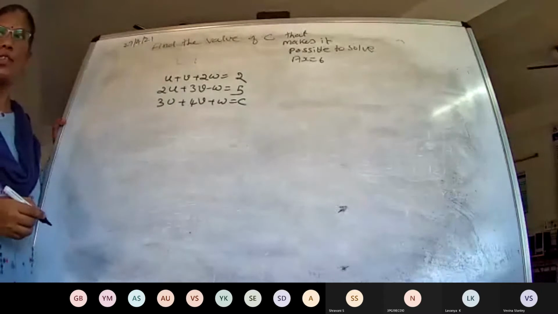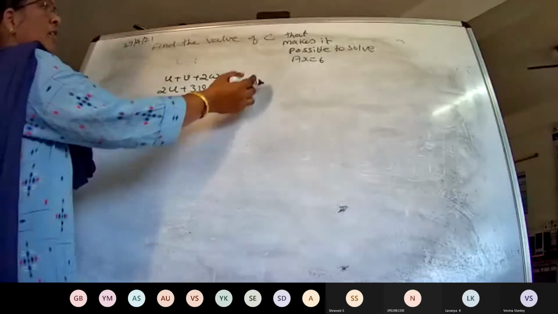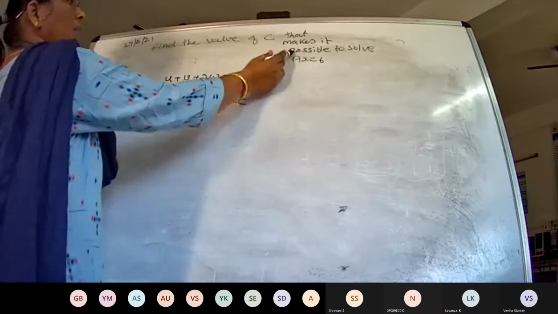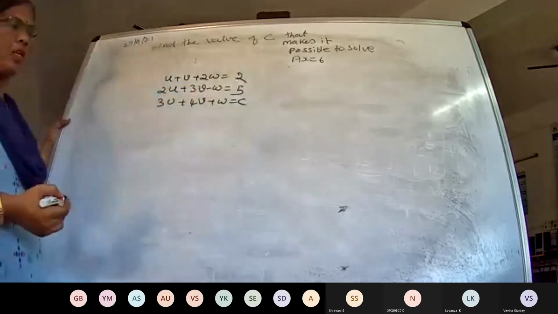These are the given expressions. You have to find the value of C so that, when you choose it, it makes it possible to solve Ax equals B.